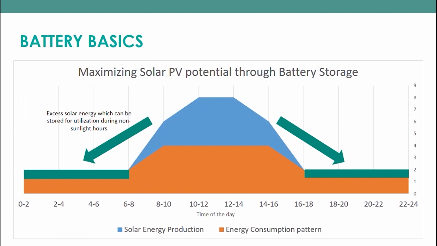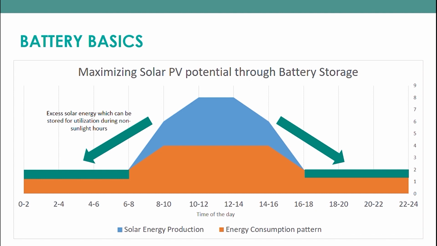To illustrate the concept of battery storage a little better, let's take a look at this graph. If the orange curve that you see on your screen is the typical load profile of any building, which indicates the amount of energy they consume during a 24-hour period, the light blue curve that you see, that's the solar energy production from a solar PV system that they have installed either on their rooftop or a ground-mounted system on the premises.